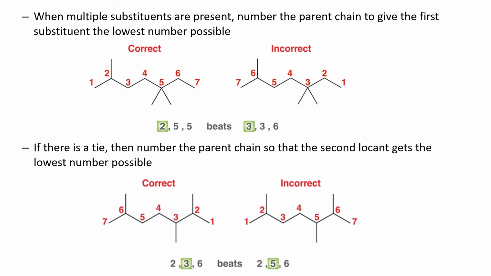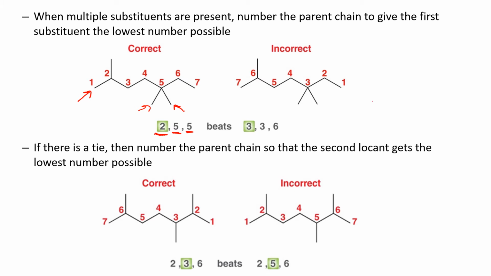If multiple substituents are present, you're going to number the parent chain so that the first substituent gets the lowest possible number. All right, so we have multiple substituents. I can start numbering from the left. So 1, 2, 3, 4, 5, 6, 7. That gives me a methyl group, my first group, at a 2, and my second two methyl groups, we give them individual locants, so that's 5, 5.